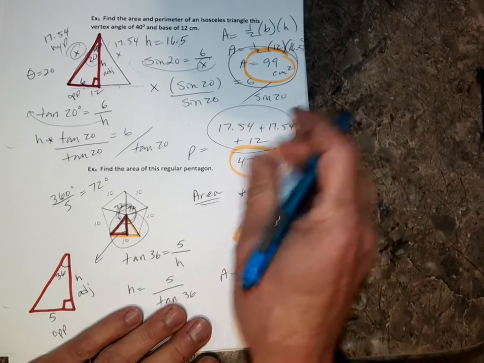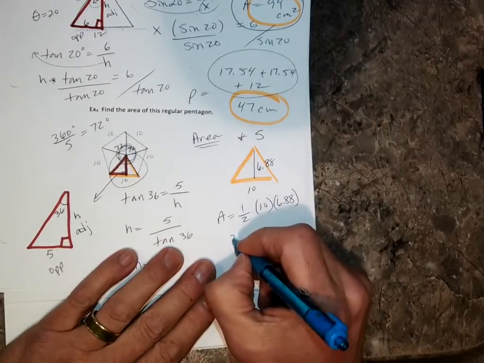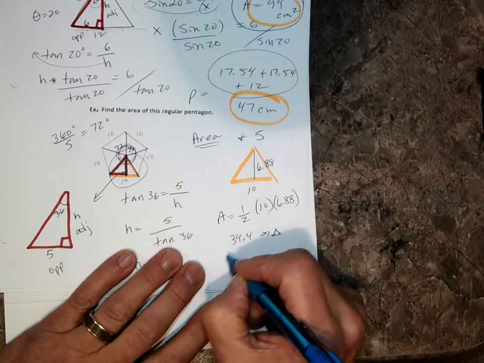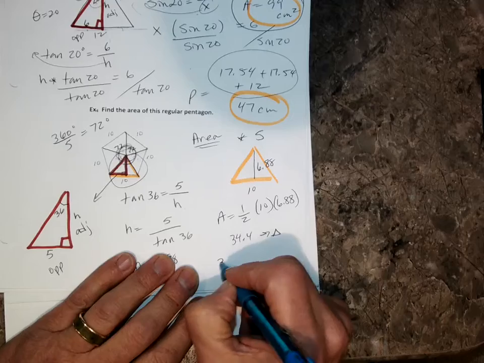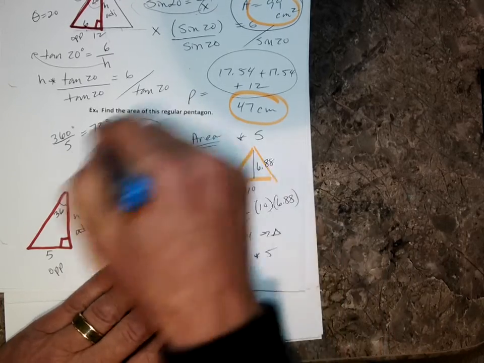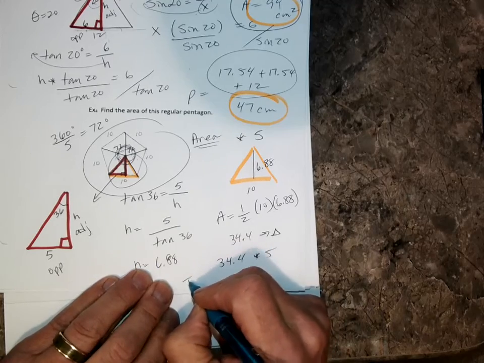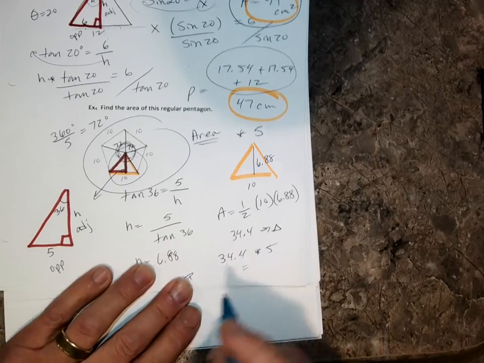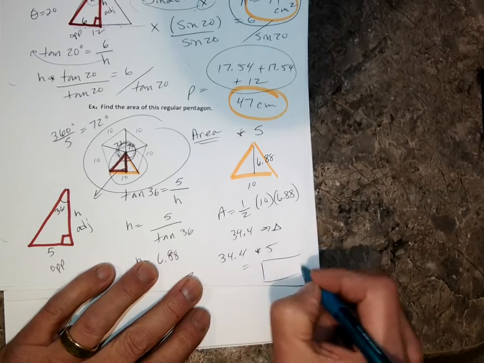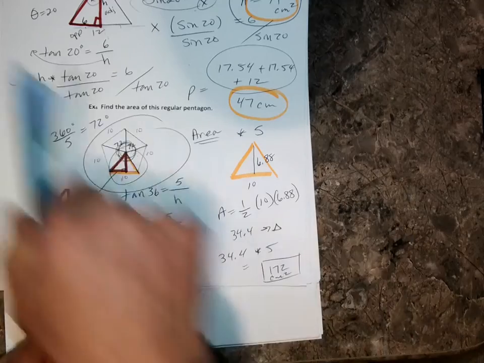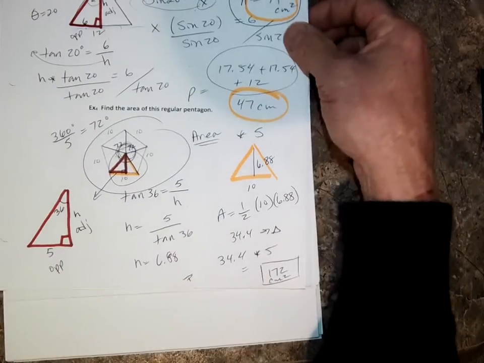Okay, I get an answer of 34.4 for the triangle. Then I'm going to multiply that times 5 because I've got 5 triangles. Okay, times 5, and I get a grand answer of about 172 centimeters squared. Okay, that's what I have for you today.